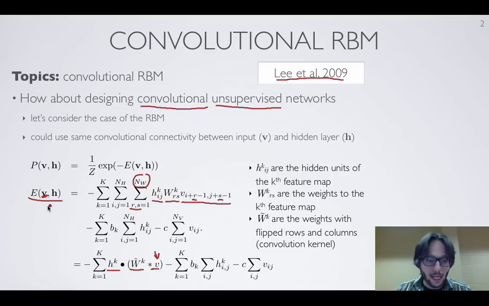So we're taking that image, convolving it with some filter map parameter matrix, and we multiply the result of this element-wise with the stochastic binary hidden units in the kth filter map. Then we add those up, and these terms now define the energy function in the convolutional RBM.